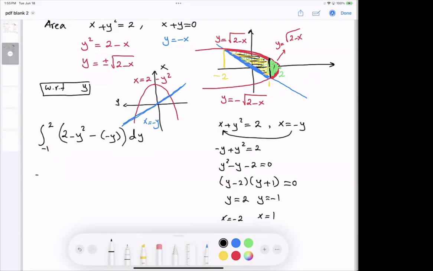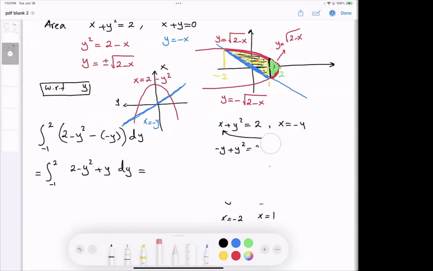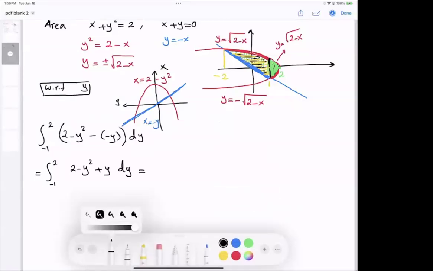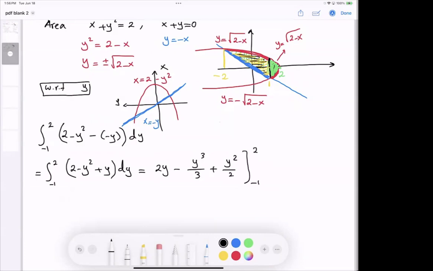And this in turn is equal to the definite integral from -1 to 2 of 2 minus y squared plus y, dy, which is equal to 2y minus y cubed divided by 3 plus y squared divided by 2, as y ranges between -1 and 2.